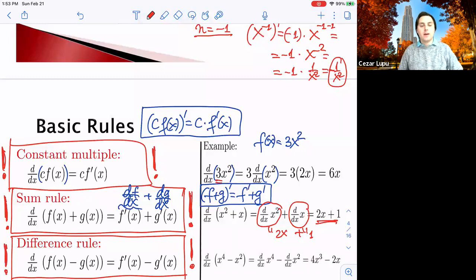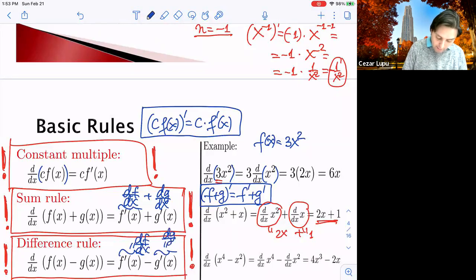So you see, we have that the derivative with respect to x of f minus g is nothing else than just the derivative with respect to x of f minus the derivative with respect to x of g. So in other words, we could have written this: this is df over dx, and this here is dg over dx. Right.